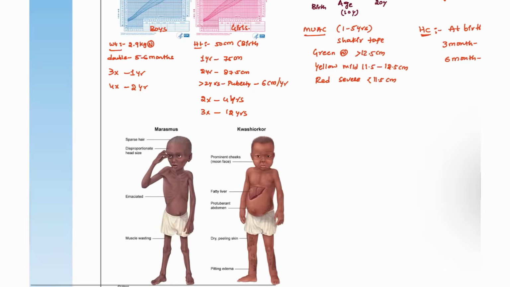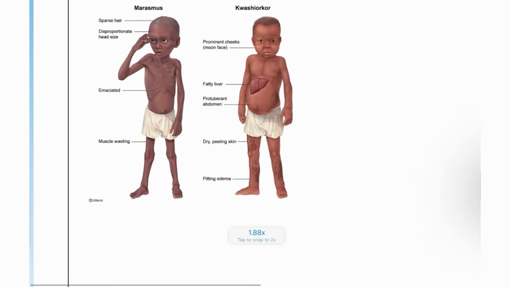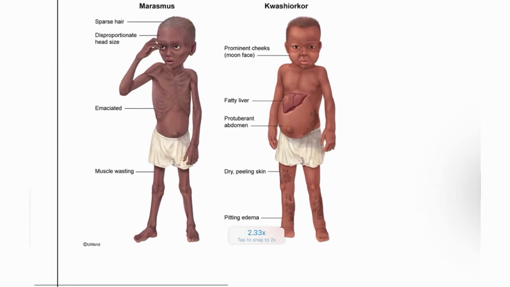Now we are going to discuss marasmus and kwashiorkor. This is protein and also whole calorie malnutrition. So let's see the differences here, guys. So the first thing here, you are observing the patient with marasmus.